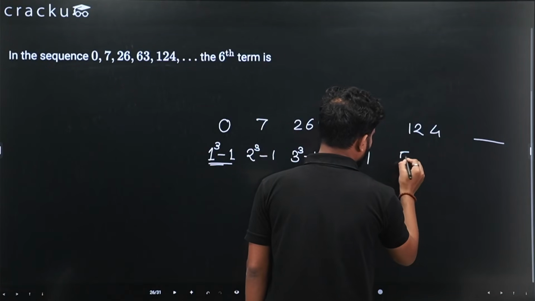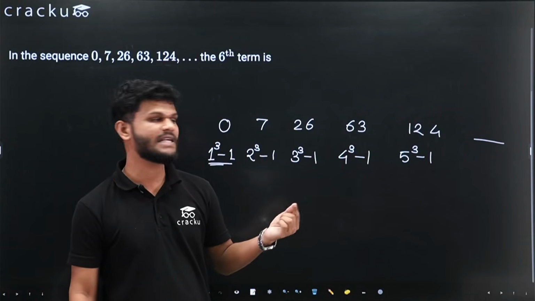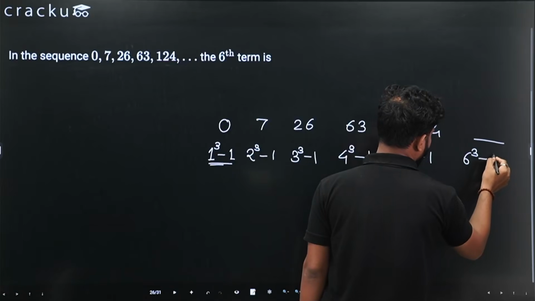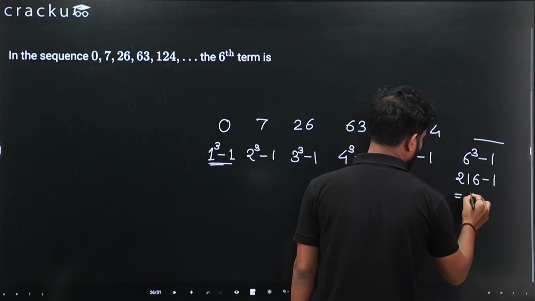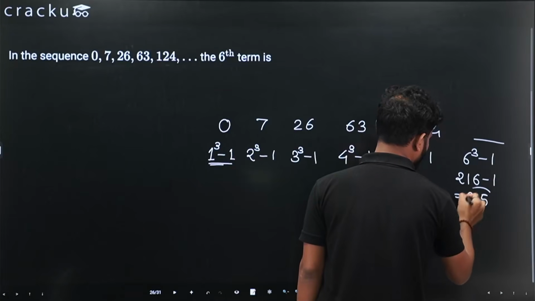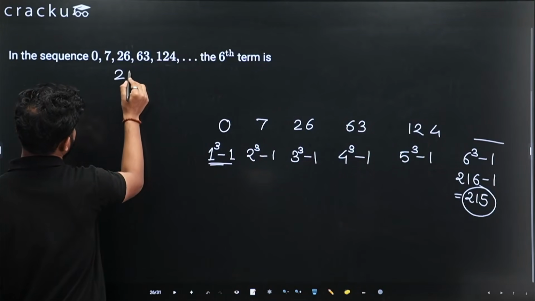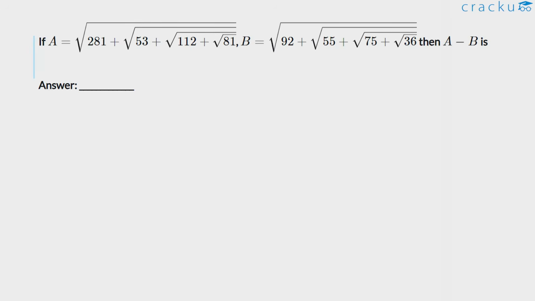This is 5 cube minus 1. 5 cube is 125, 125 minus 1 is 124. So sixth term will be 6 cube minus 1, which is 216 minus 1, 215. You need to just observe the pattern in this series and find out the answer. So the answer to this question will be 215.